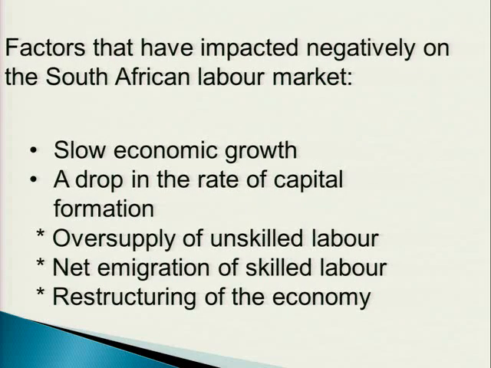Right, now what will have a negative impact on our labor market? Slow growth. Remember, our growth rate is supposed to be between 3 and 6% in this country. At the moment, the growth rate is not so high, and that is why there is relatively low employment at the moment. A drop in the rate of capital formation. In other words, what is capital formation?